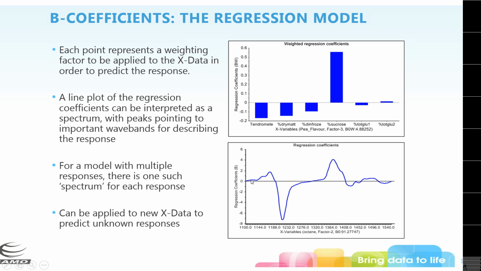And then for your spectroscopic data, you would get these regression coefficients, and it should look like a spectrum. If this starts to look really noisy, then you might want to dial back to less factors. Okay, and this is what is applied to your new X data to be able to predict your unknown responses.